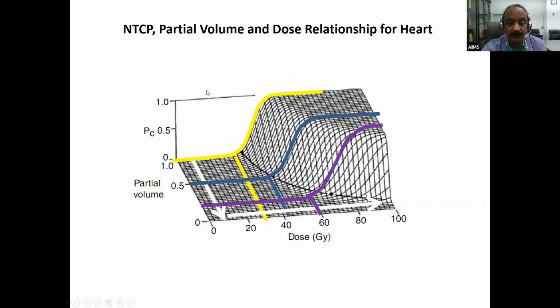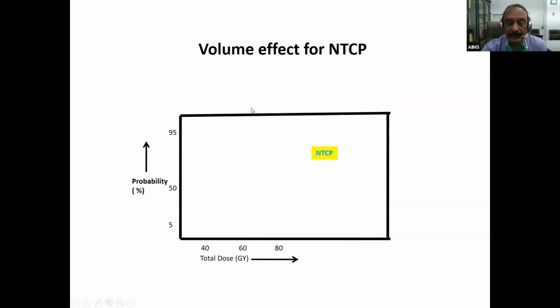Now, again, looking at the volume effect of NTCP. Some organs will behave like this, which I am going to describe now. If you treat, say, 100% of the volume, then the safe dose is around, say, 45 or 50 gray. Safe dose means that it will result in less than 5% complication rate.